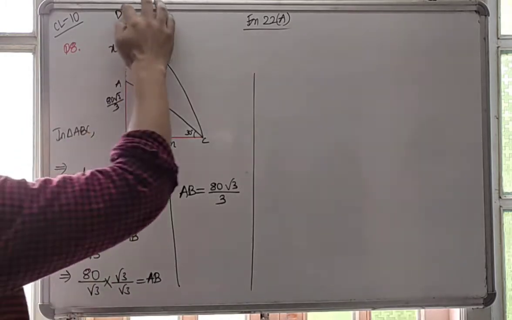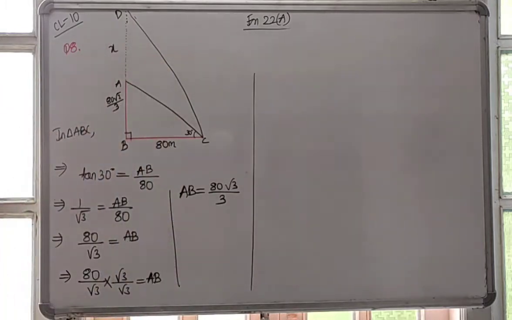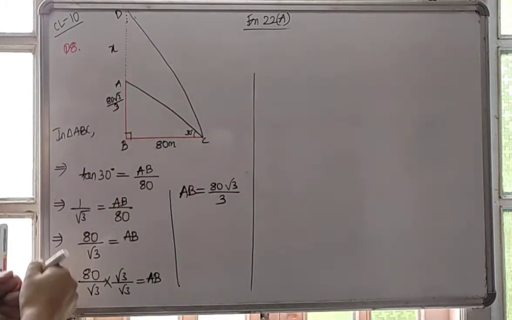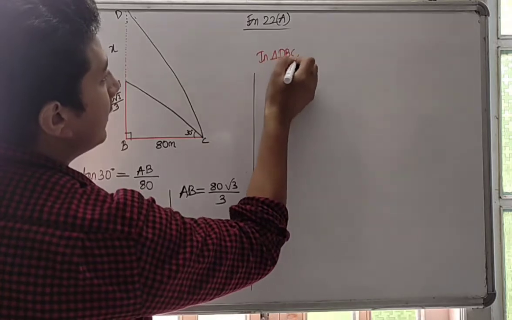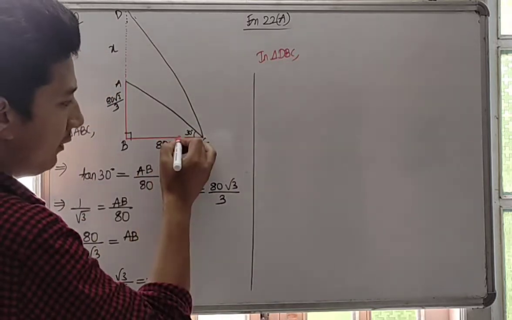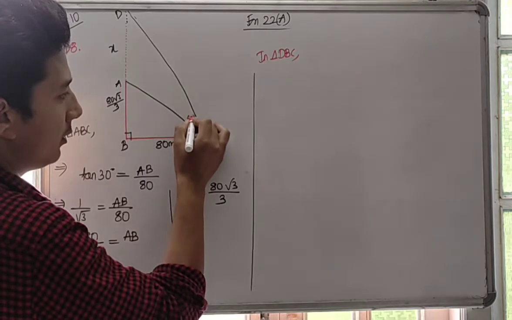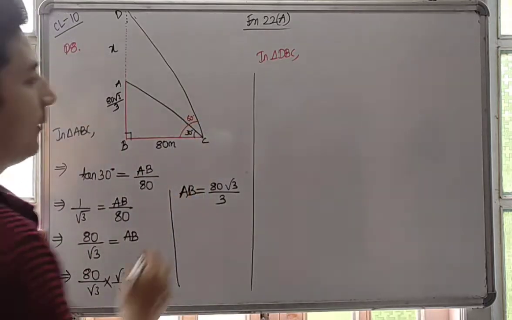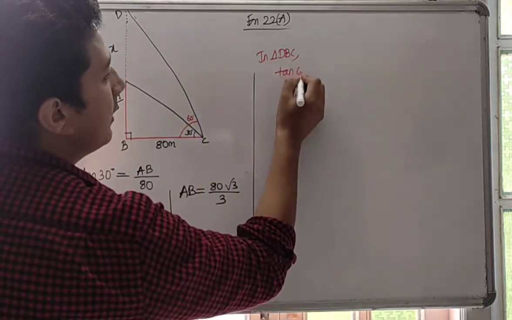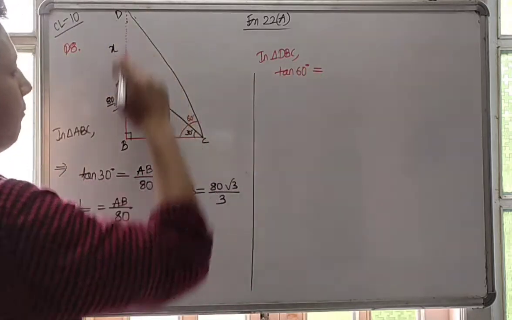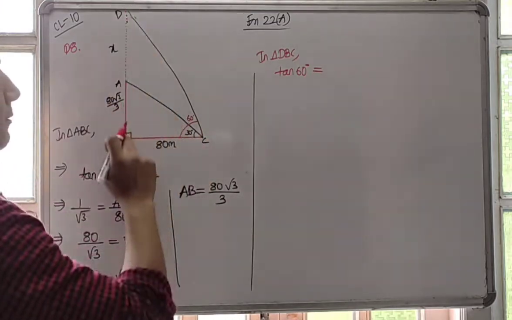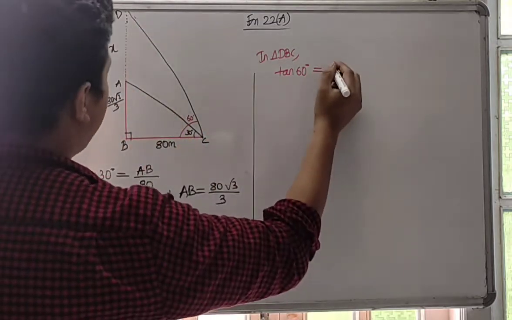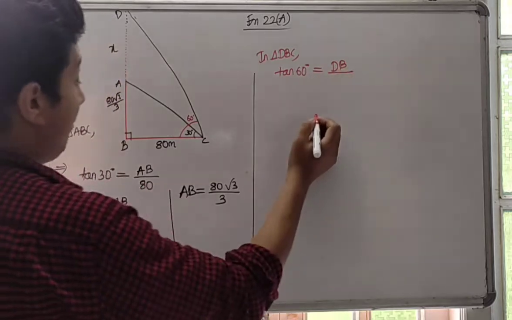Let us assume DA is x. Now in which right angle triangle? Now in triangle DBC, the angle of elevation changes from 30 to 60 degrees.